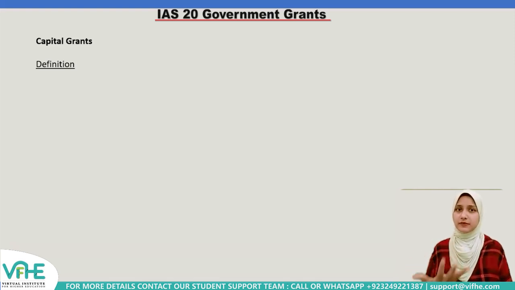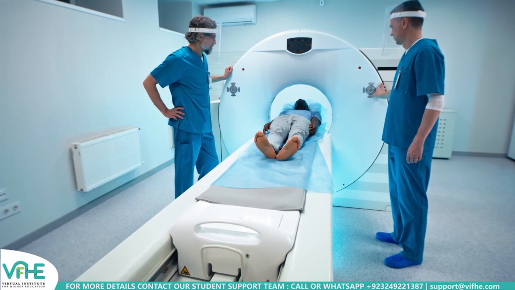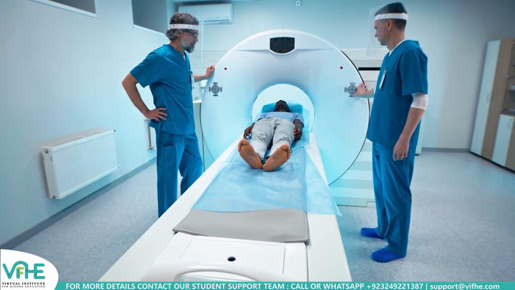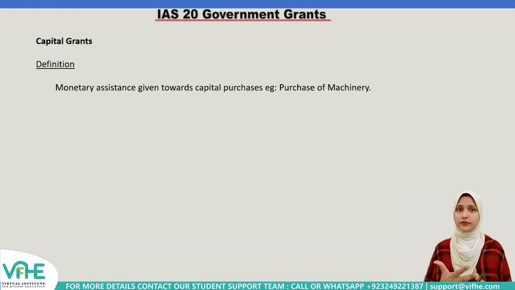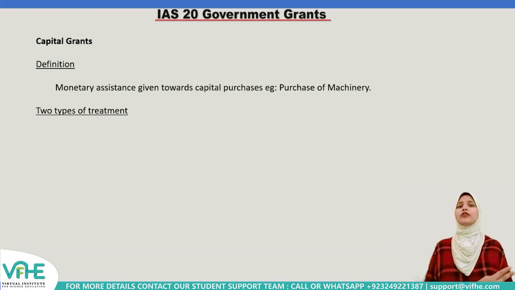Purchase of land, machinery, equipment. In the case of a hospital, where I took an example, if assistance is given from the government for the dialysis machine, then yes, that's a capital grant. Again, just like revenue grants, we have two types of treatment here.